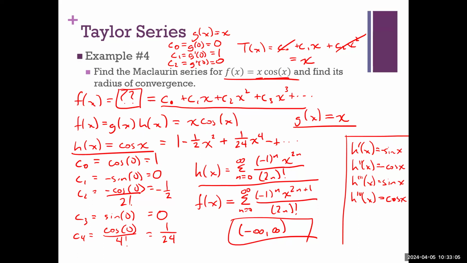Maybe I'll rewrite it like this for now. I can rewrite this whole thing I'm hovering over as h, and I want to multiply that by x. So combining that x to the 2n and x to the 1 gives us x to the 2n+1. That's what I think. Good question. What else?